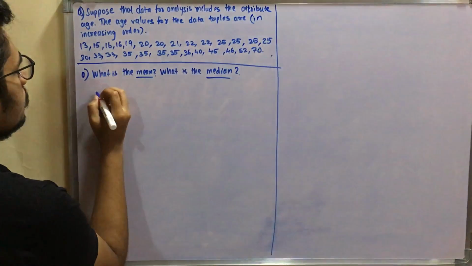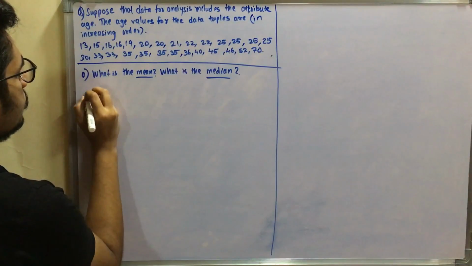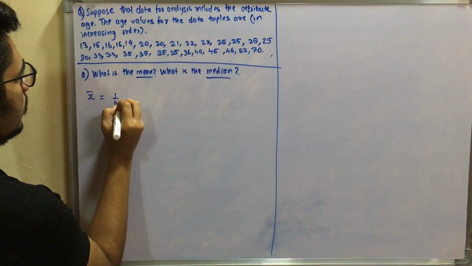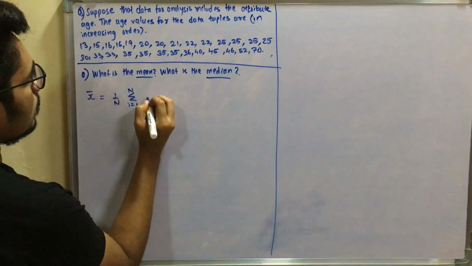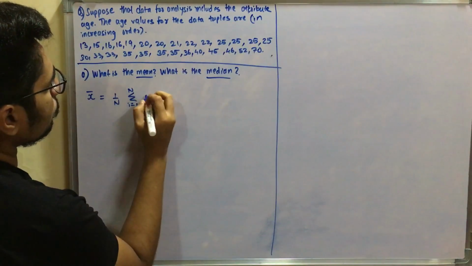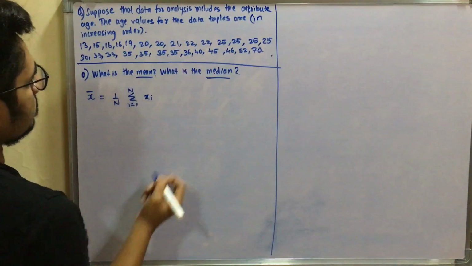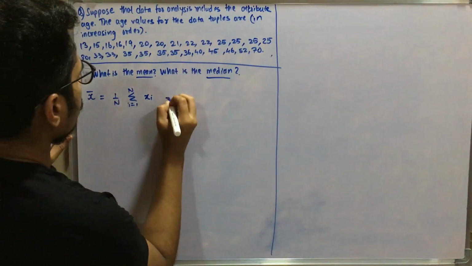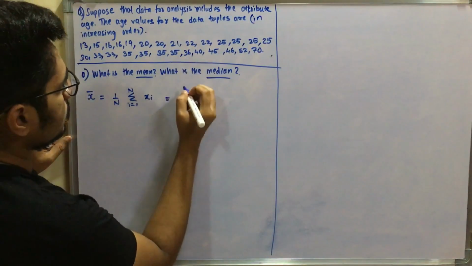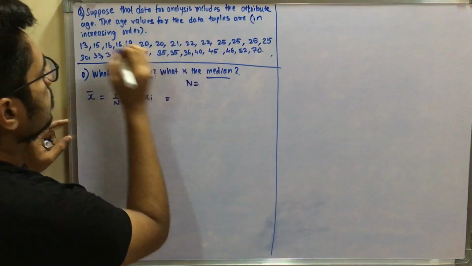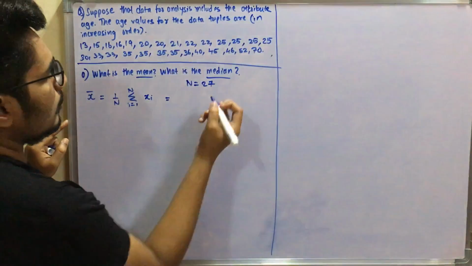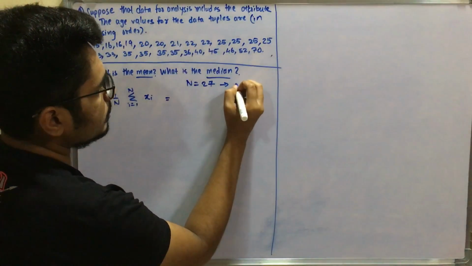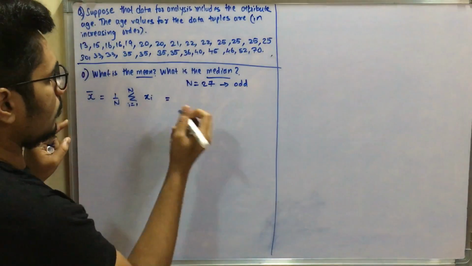First of all we go with the mean. We have the formula x bar is equal to 1 upon n, summation i runs from 1 to n, of xi. Here n is 27. So these are 27 different data points, and you can infer that this is an odd number.